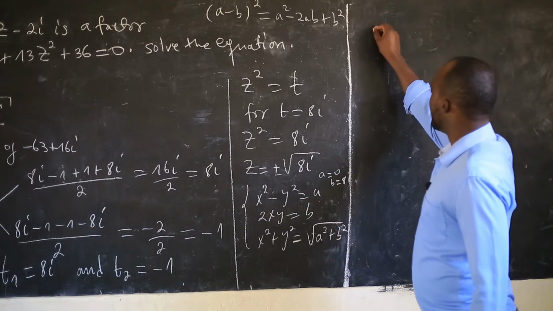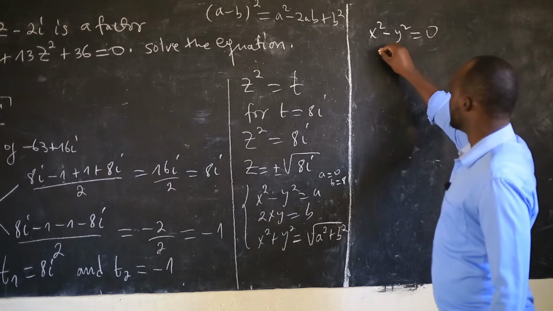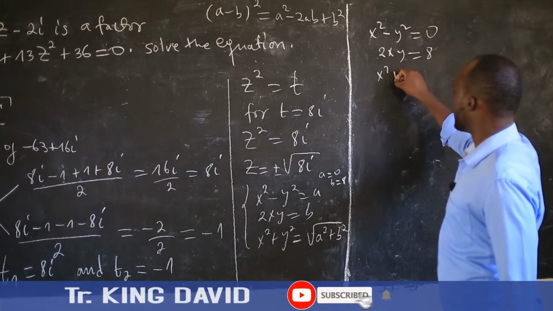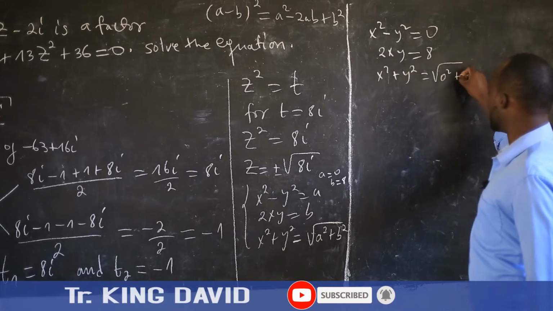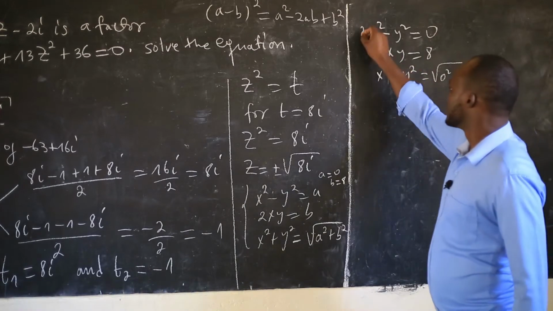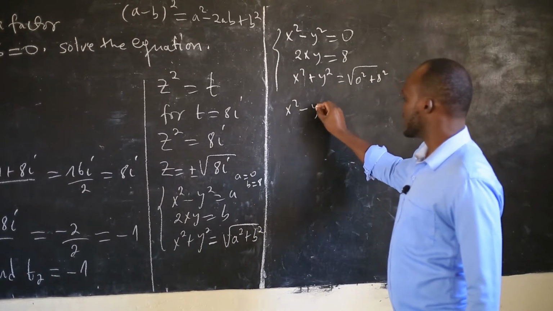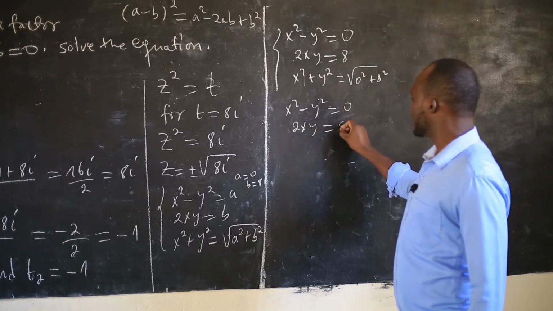So now x squared minus y squared will be equal to 0, 2xy will be equal to 8, x squared plus y squared will be equal to square root of 0 squared plus 8 squared. Then finally, x squared minus y squared equal to 0, 2xy equal to 8.